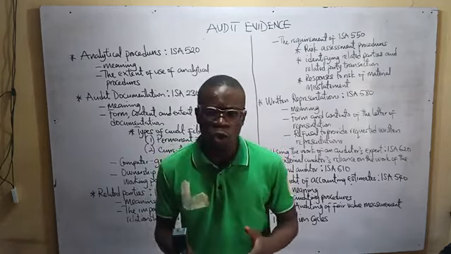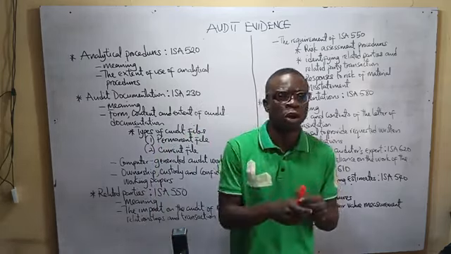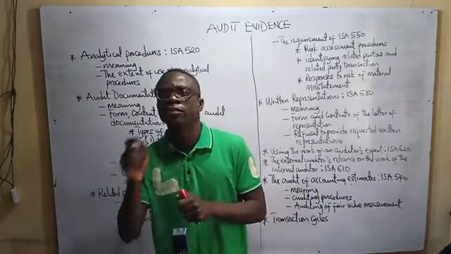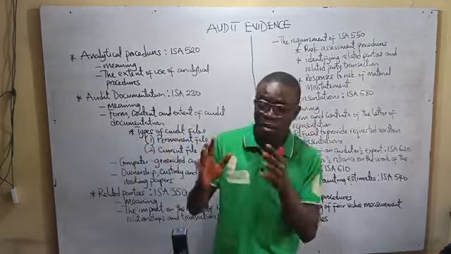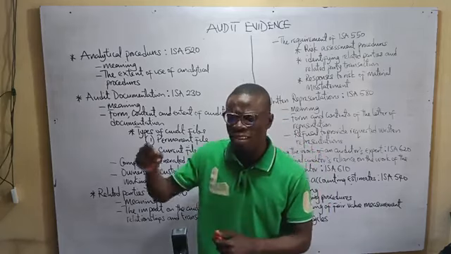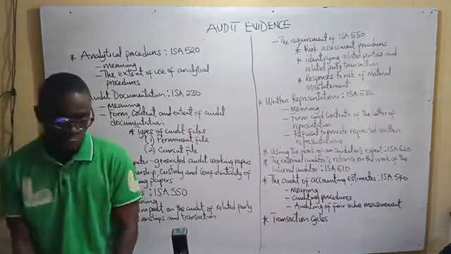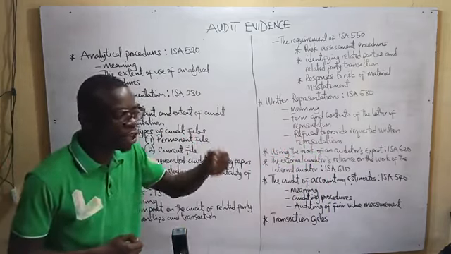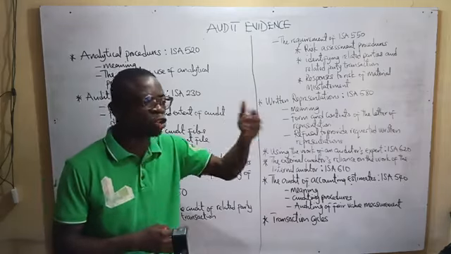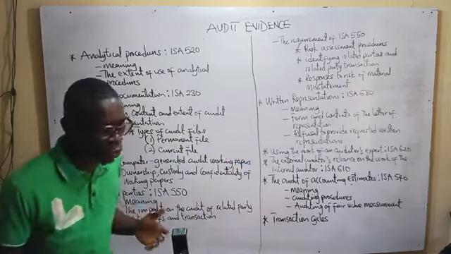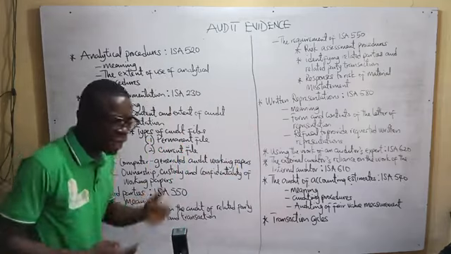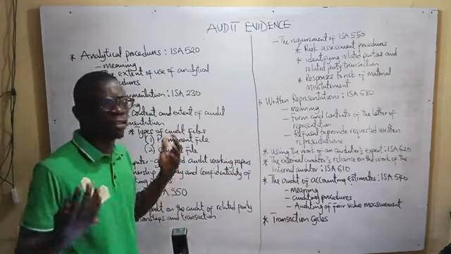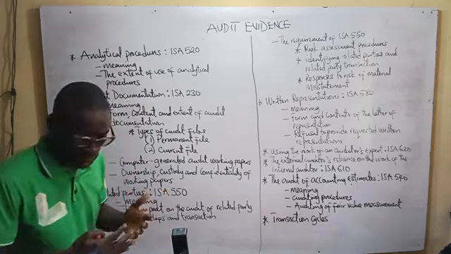If the auditor did not carry out analytical procedure, he would not know that the revenue has increased drastically, which may be material to the financial statement. So the auditor will be asking, why is the revenue increasing? Why the outrageous increase in the revenue in the current year, when the previous year it was 3 million and now it is 200 million? What happened?